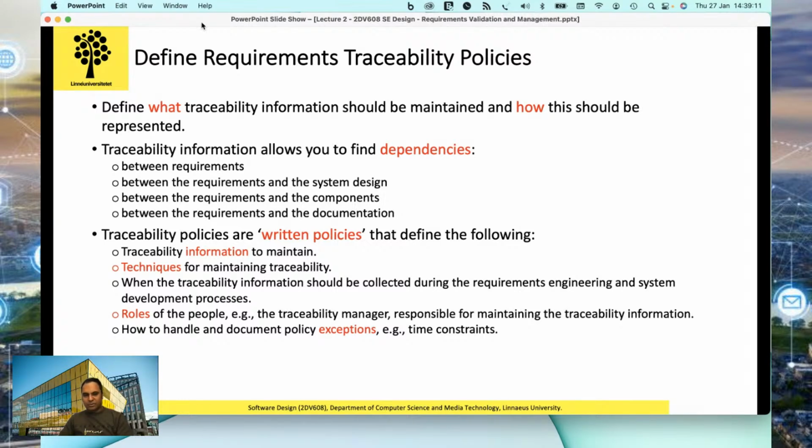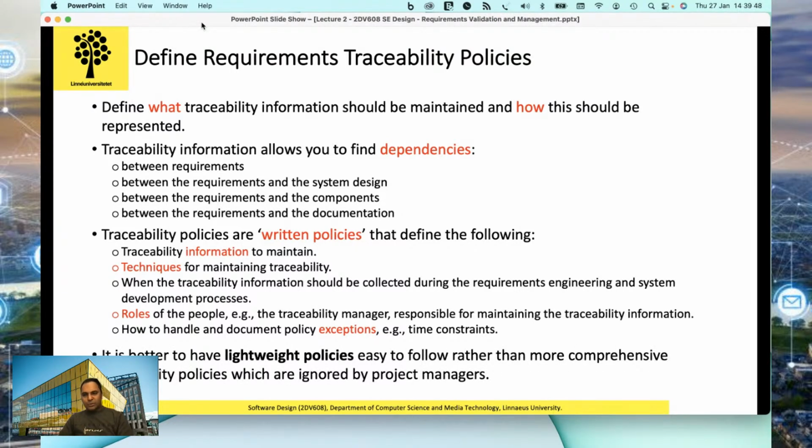So there are many roles. And also how to handle the exceptions, because not all requirements might have all the traceability information. So there could be some exceptions, some failures, some constraints. So how those will be handled if there is some missing traceability information. This should be part of your traceability policies.